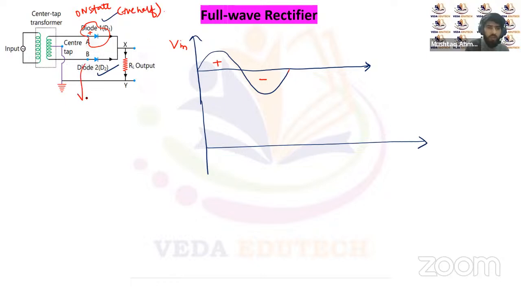And this diode will be in the on state for the negative half of the cycle. For the negative half of the cycle, this end will be negative and this end will be positive, so this will be in the on state.